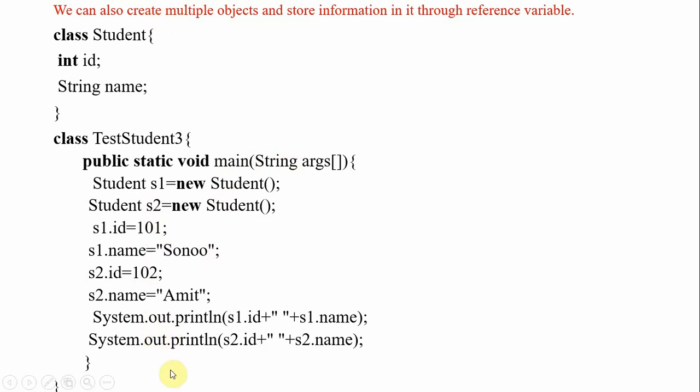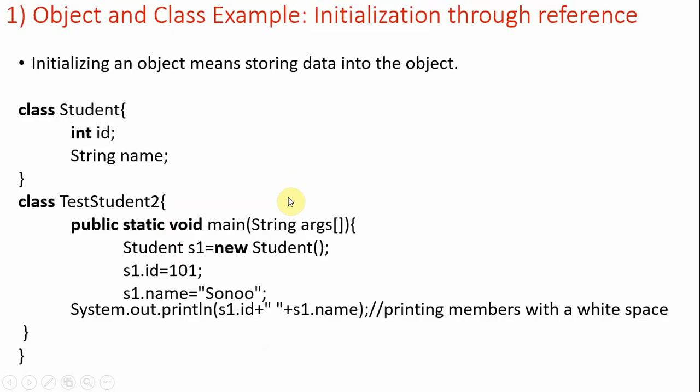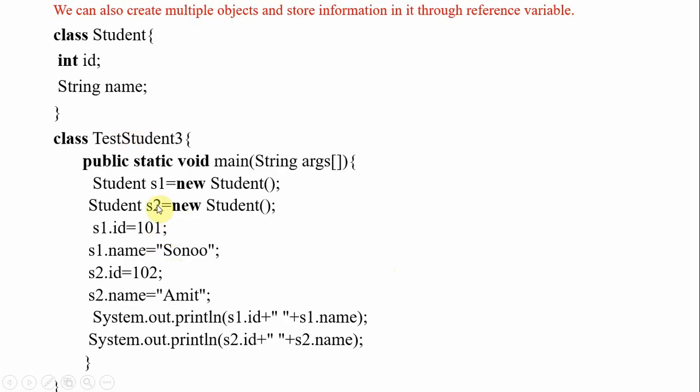The difference between the previous example and this one is that here we created only one object, s1. Here we can create more than one object, that is s2 also. So you can assign s1.id 101, s2.id 102, like that. This is possible in Java. A class can contain any number of objects.